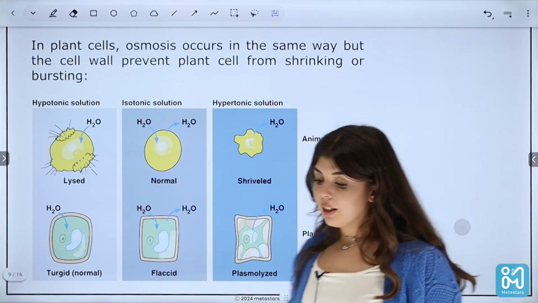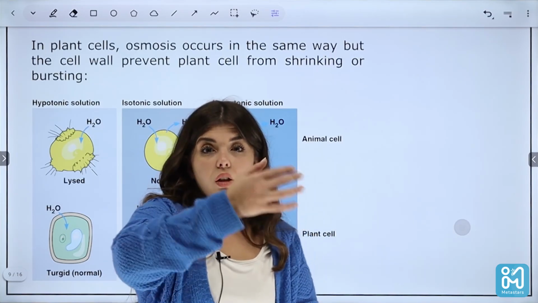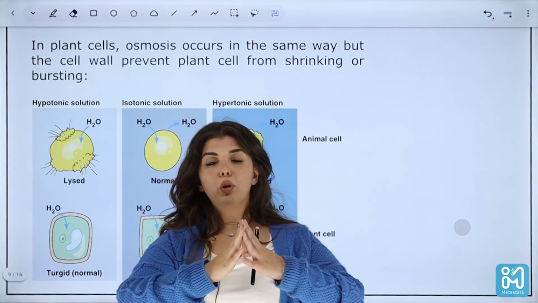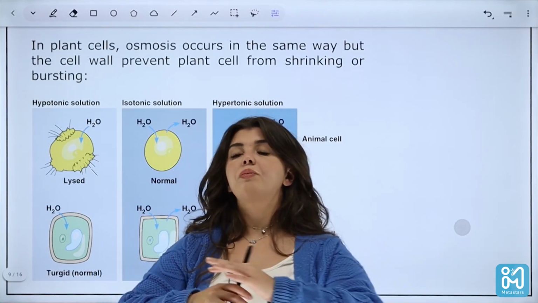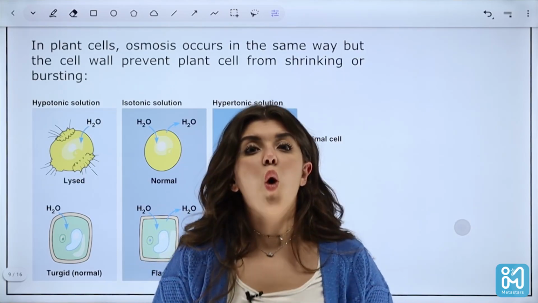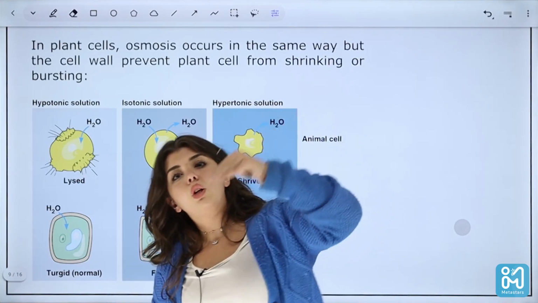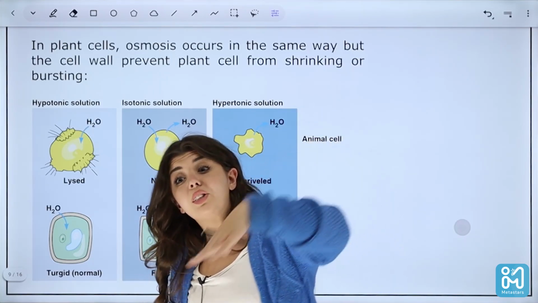Hypertonic means a solution with a high concentration of salt, and hypotonic means a solution with a low concentration of salt. Water always goes from high concentration of water to low concentration of water, because water loves to follow the salt.